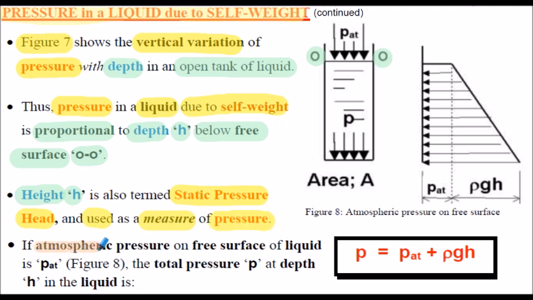So if atmospheric pressure acting on the free surface of the liquid is denoted as P_at, shown in figure 8, then the total pressure, denoted P, at depth h in the liquid is given by the following formula, where P is the total pressure, P_at is the atmospheric pressure, shown here on the diagram, and rho gh is the varying pressure due to the weight of the fluid.